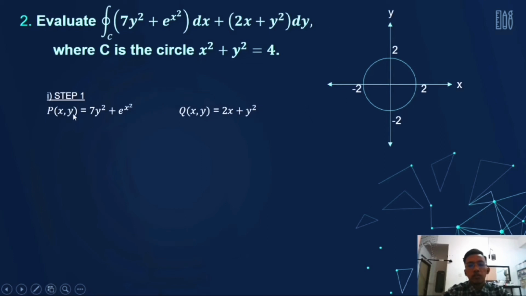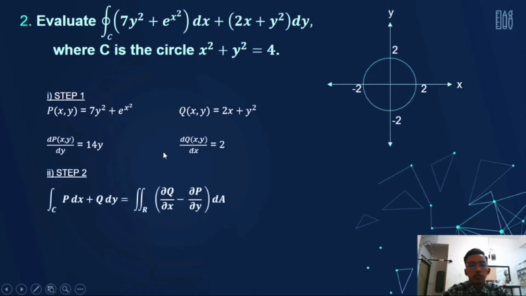After we take out the P function and Q function, we differentiate P and Q. For P, we differentiate with respect to y and get 14y, and for the Q function, we differentiate with respect to x and get 2.